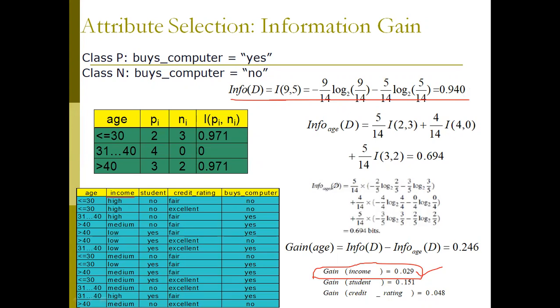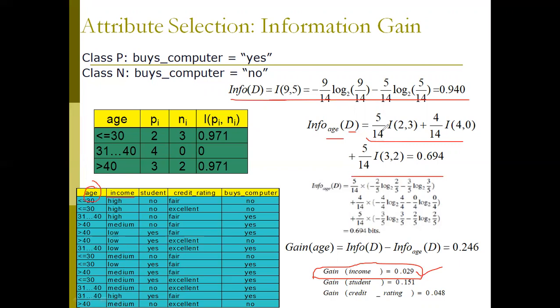After calculating this, you may choose one attribute. One attribute is the age attribute. I'm going to calculate the information gain for the age attribute by using these three.